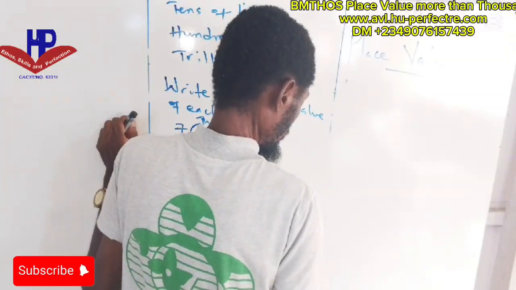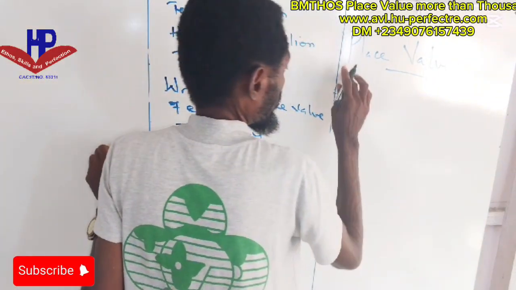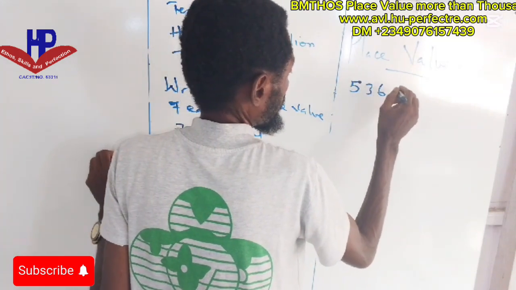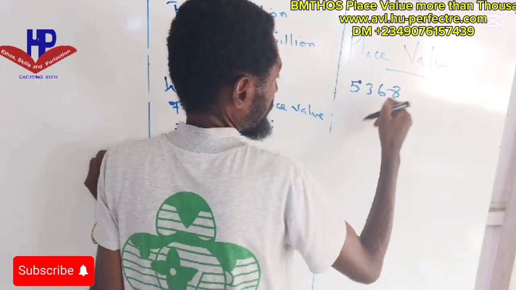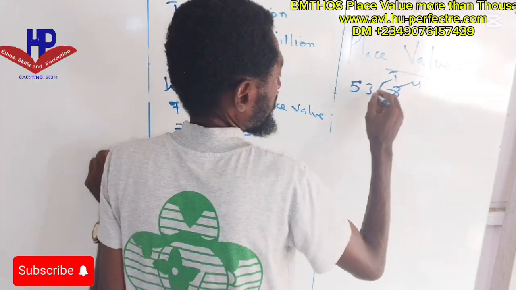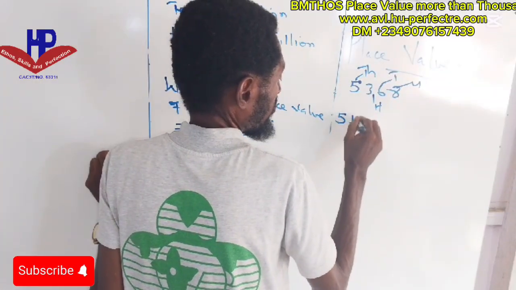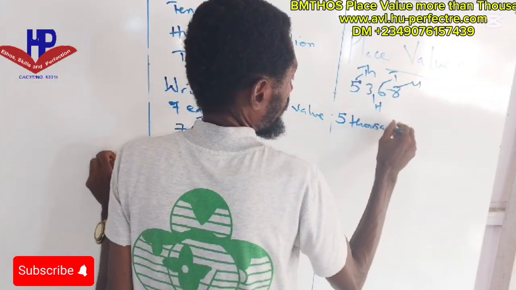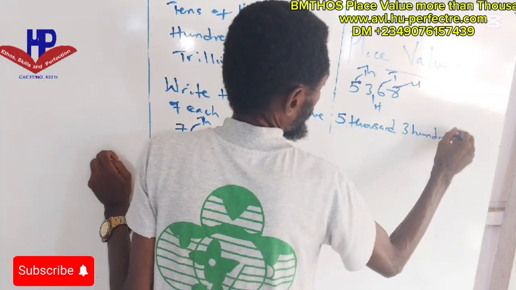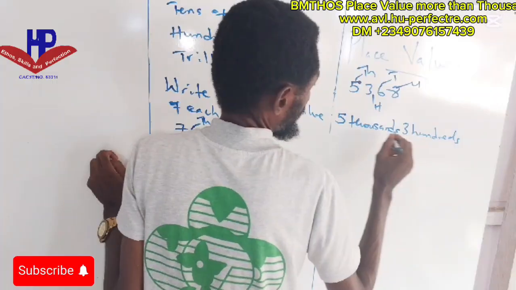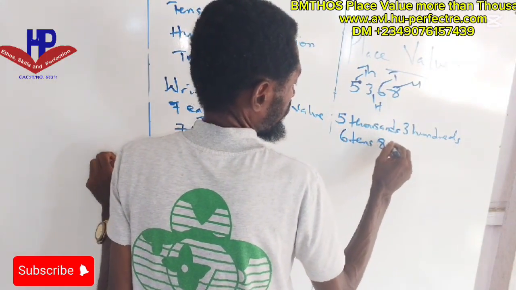You are asked to write a number in its place value form. For example, you're given 5,368. Write this number in words in place value form. This is unit, 10, 100, and 1000. So you write 5,000, 300, 6 tens, and 8 units.